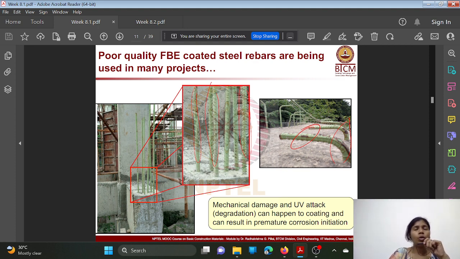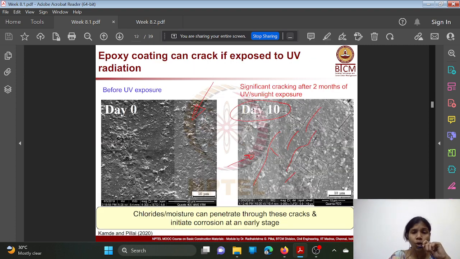And if the bar is not properly coated with the epoxy, then premature corrosion initiation will happen. So if you can't avoid these conditions at the site, then it's better you do not go for epoxy coated steel rebars. Instead you can go for uncoated steels, because coated steels should be used only in particular conditions and with due care.